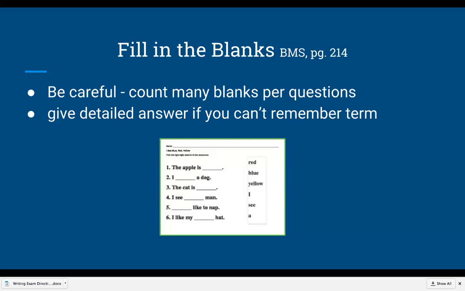Do you know how it relates to any of the other terms? Can you define it? Can you use it in a sentence? Or, if you can't think of the term, use other words that are synonymous with that terminology, just so you can show your instructor that you do know what the word is. You're just not recalling it at that moment.